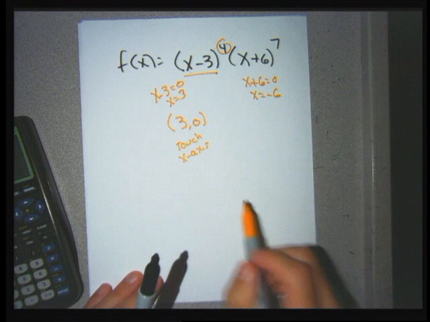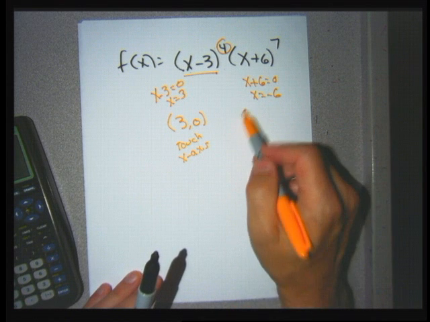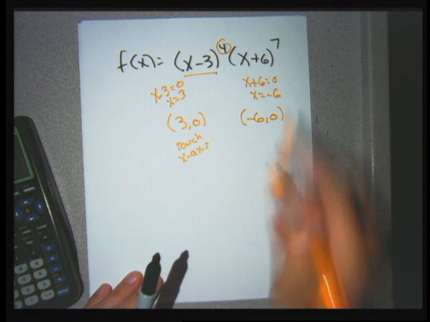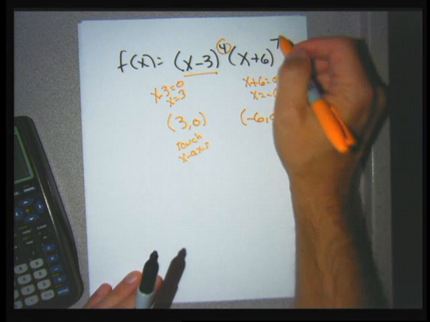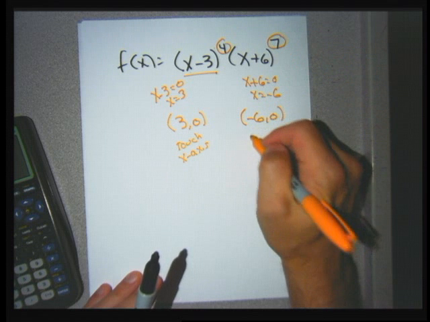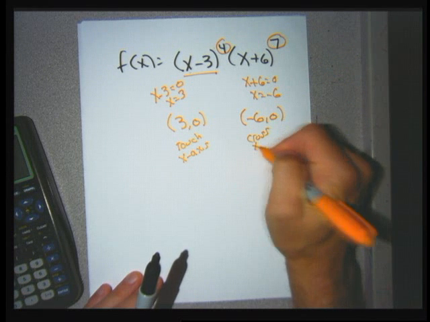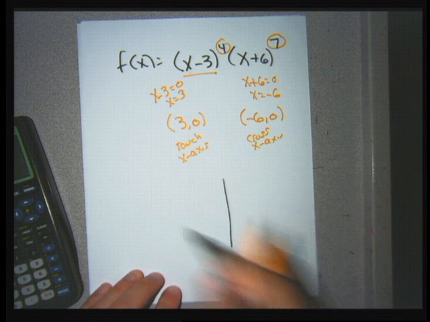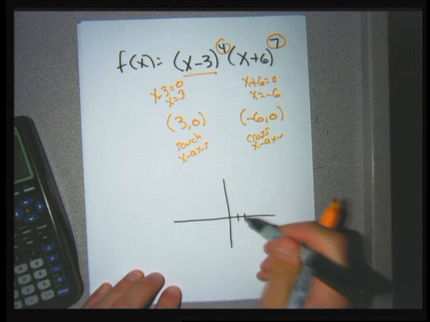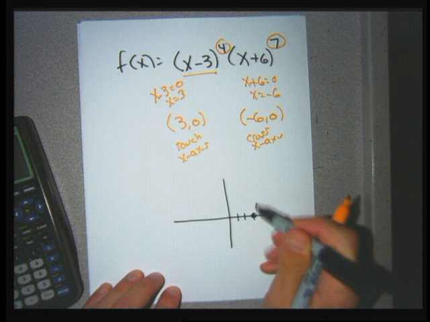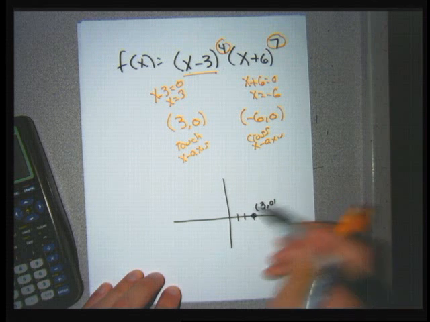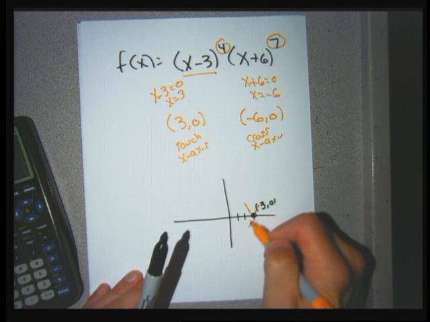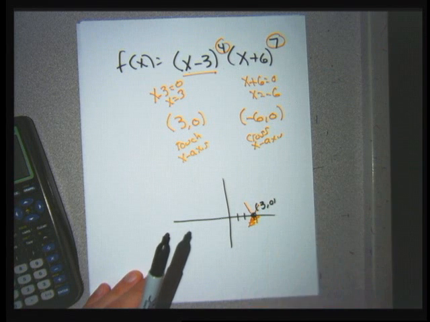And the only other x-intercept I'm going to get is by taking the contents of the second parentheses and setting it equal to 0. It's going to give me an x-intercept at negative 6, 0. The exponent, because it's odd, 7, is going to cross the x-axis. So whenever I get this graphed on my calculator, the graph at 3 is either going to bounce off the x-axis like that or like that, but it's not going to cross the x-axis.